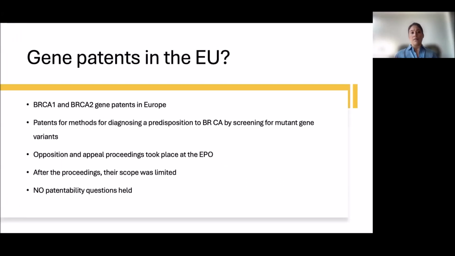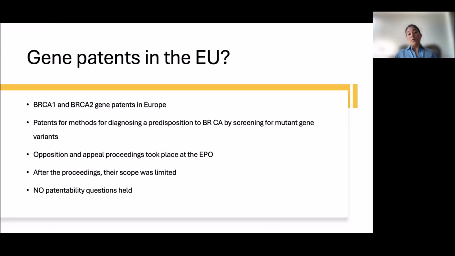In the EU, if the technical function of the DNA sequence is presented well enough, it's okay to obtain patents on genes. So there wasn't a dramatic change in the scope of the subject matter in the EU post-Myriad, but of course it affected the way we look at it.